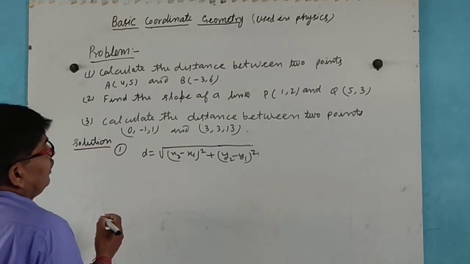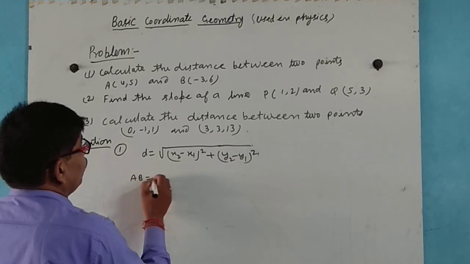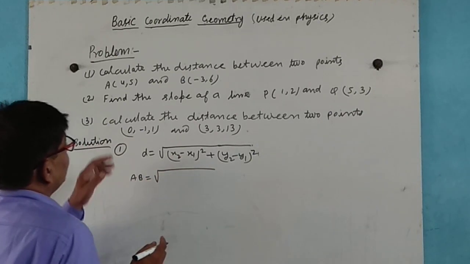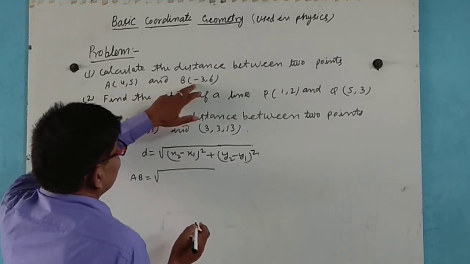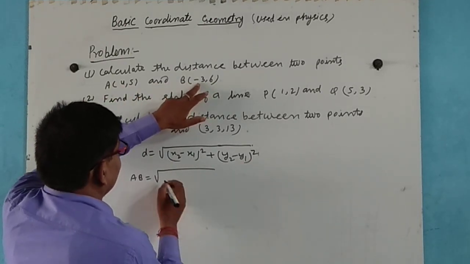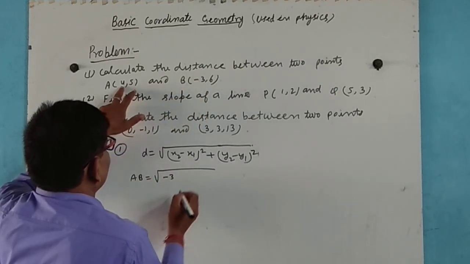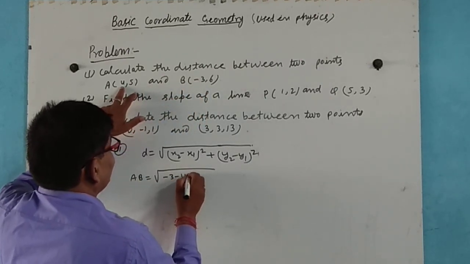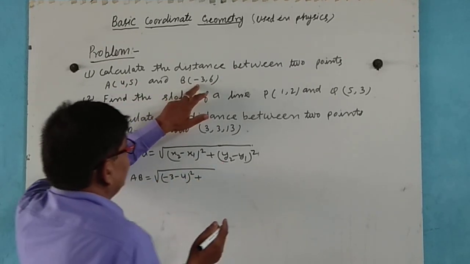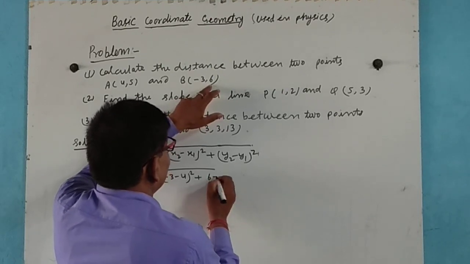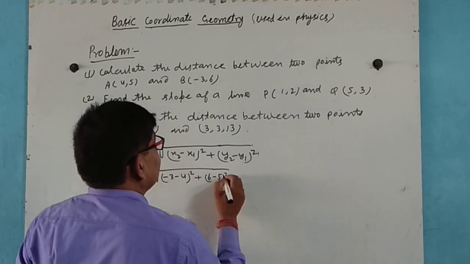Now the distance between 2 points A and B equal to under root, x2 is equal to minus 3 minus x1 4 square plus y2 6 minus y1 5 square.